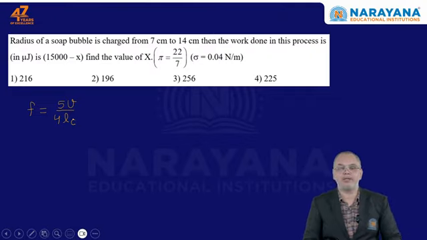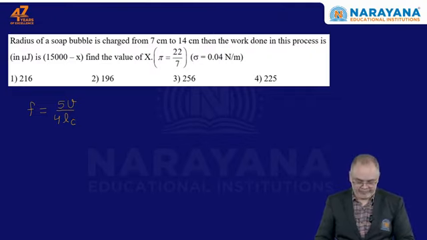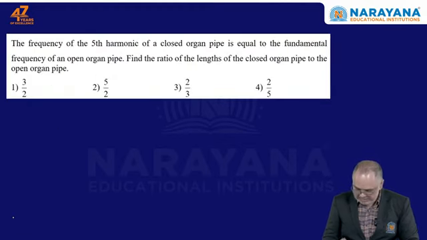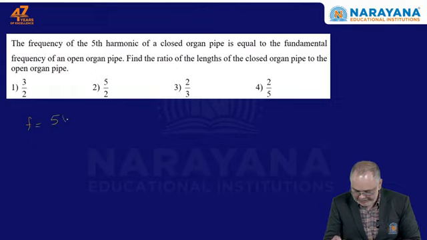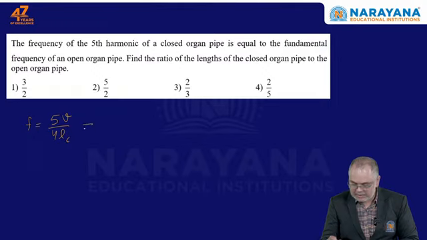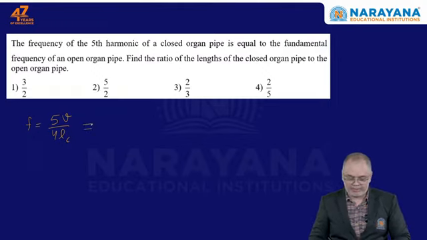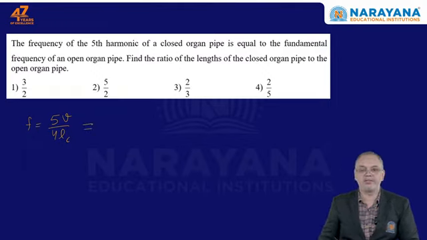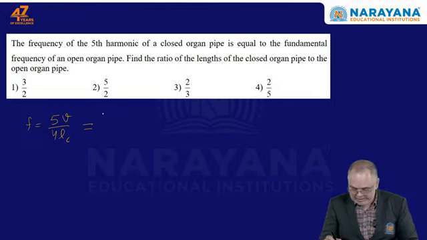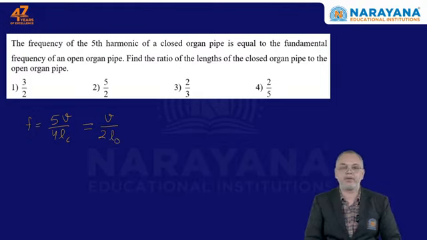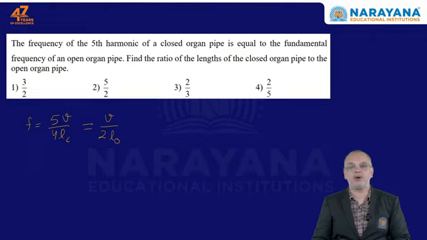LC, I'm assuming, is the length of the closed organ pipe. And the fundamental frequency of the open organ pipe is also equal to this F. So the fundamental frequency we can write as V by 2LO. LO is the length of the open organ pipe.